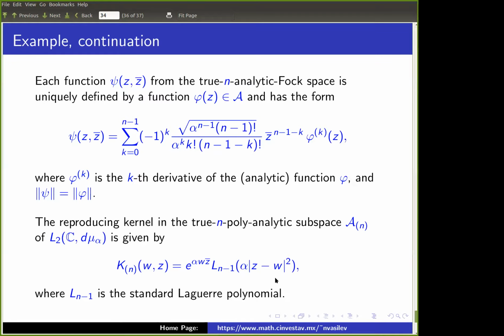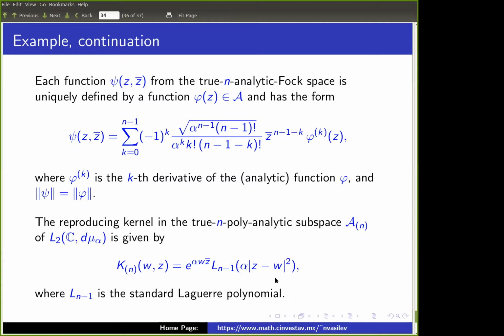About the reproducing kernel, is this similar to Cauchy's integral formula? No, not quite. It's a reproducing kernel. The integral operator with this kernel is just a projection of any L2 function onto the corresponding subspace.